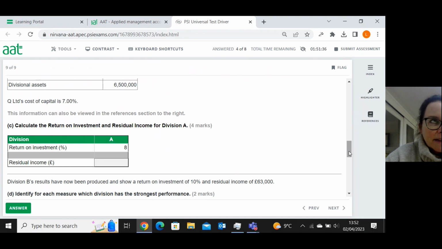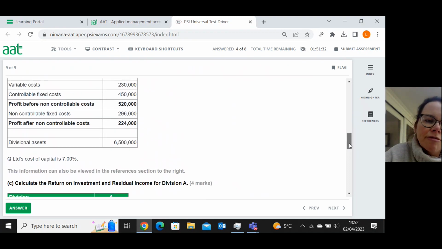Residual income, another must-know formula, is the profit. Again, we'll use the profit before the non-controllable costs, and subtract the investment at the cost of capital. So basically that's what it's cost us to generate that amount of profit. As long as we get a positive number, then it's looking good.